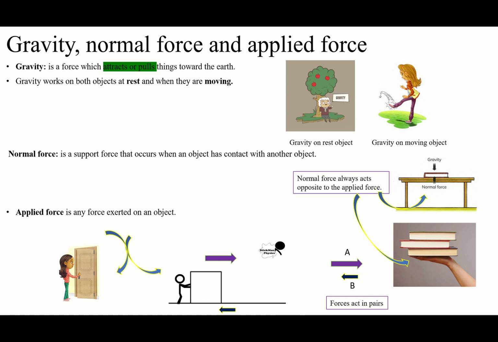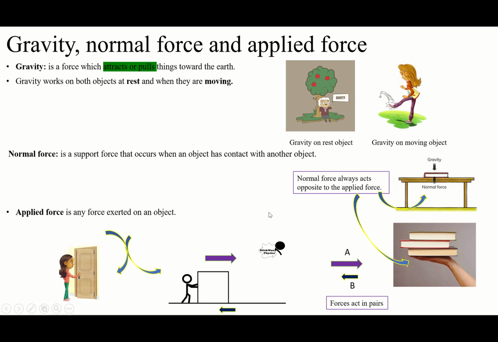Gravity is a force that pulls or attracts things to the earth, pulls everything to the earth. Gravity works on both objects at rest and when they are moving. It means it doesn't matter whether they are moving or at rest. They have gravity. Like these two examples, the apple which is at rest and the ball which is moving. And normal force is a support force when an object has contact with another object, okay?